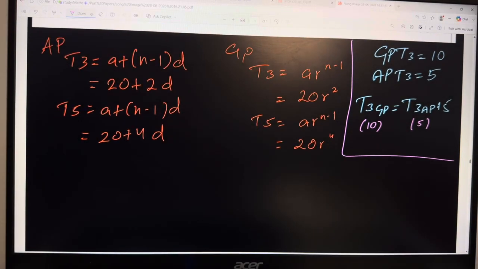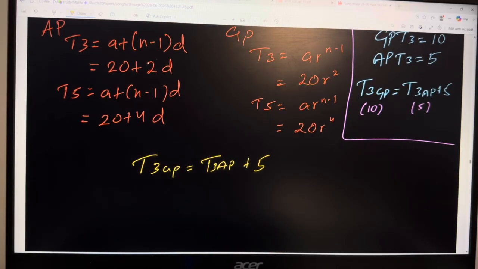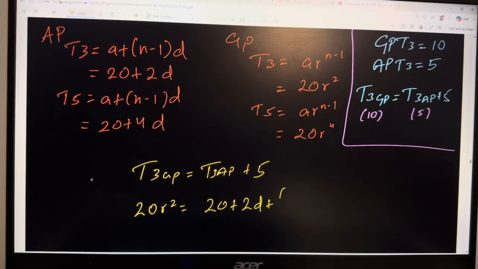So the first part will be like so, where the GP is 5 more than the AP. That will become third term of GP is equal to third term of AP plus 5. So we just found it: GP 20 r squared is equal to AP 20 plus 2d plus 5.